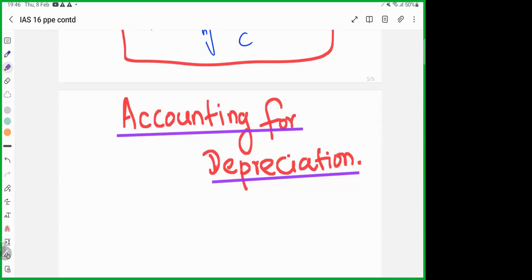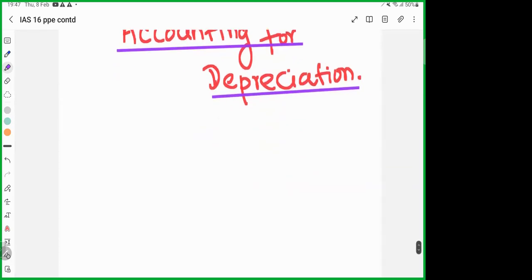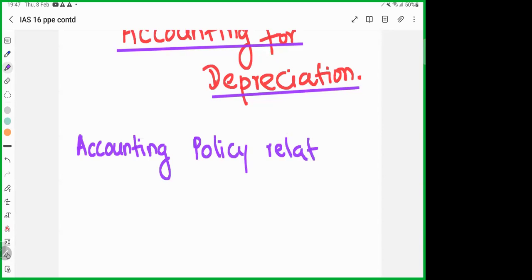Now, brothers, there's something we need to understand first, the very first point: accounting policy relating to depreciation.